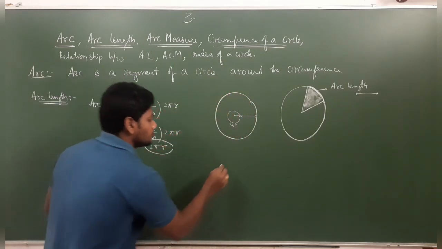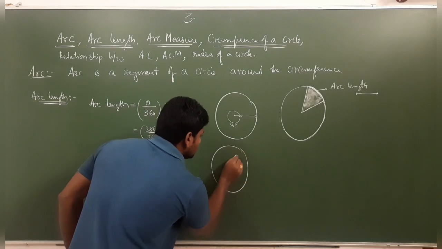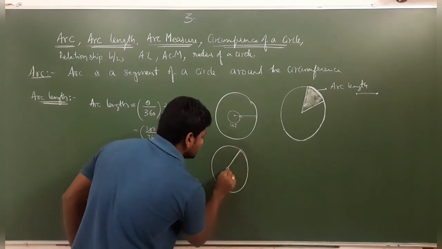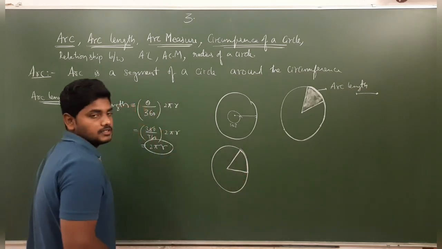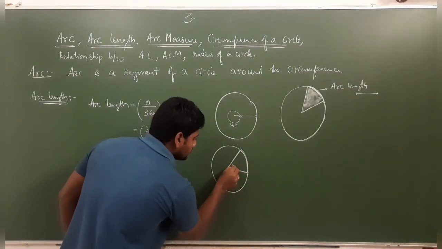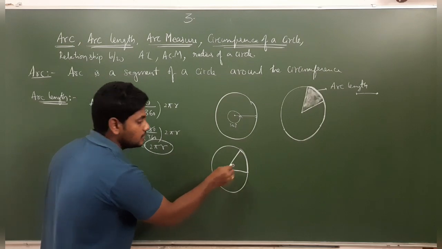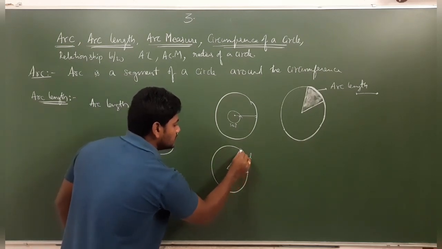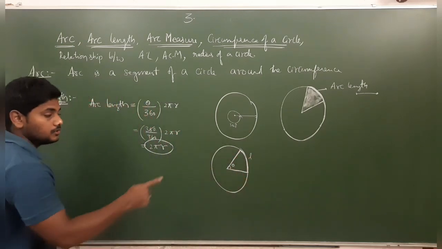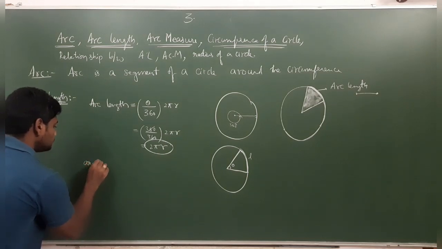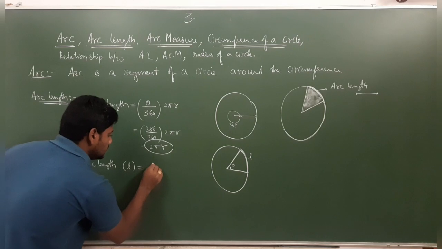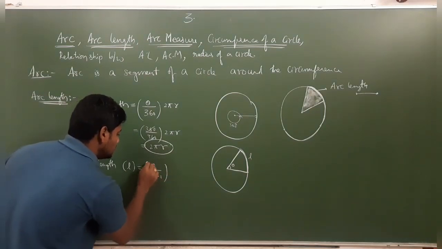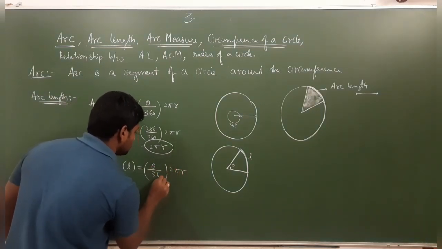As like that, if it is this arc, what is this arc length? If we consider this as theta, to find this arc length, I will consider that length as L. L is equal to theta by 360 into 2 pi r.